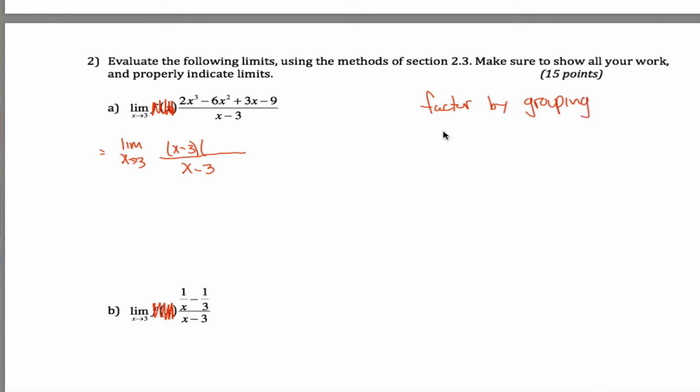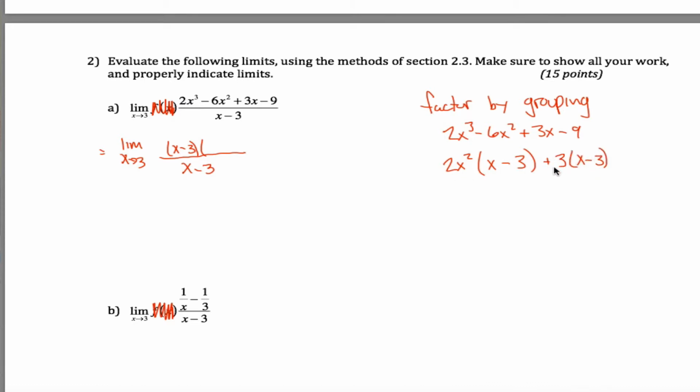to take this 2x cubed minus 6x squared plus 3x minus 9. My first group, these first two terms right here, appear to have a 2x squared in common. If I pull out that 2x squared, I'm left with x minus 3. And if I want to be left with an x minus 3 from these terms, I better pull out a 3.